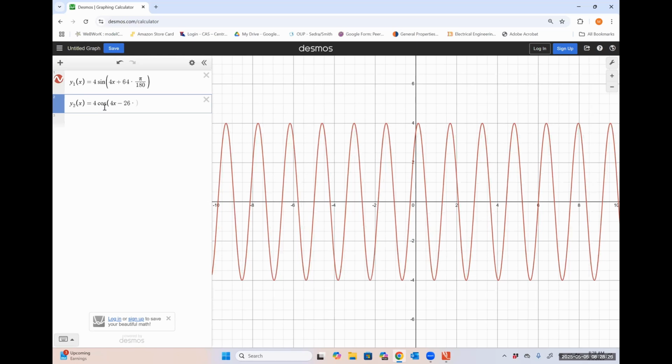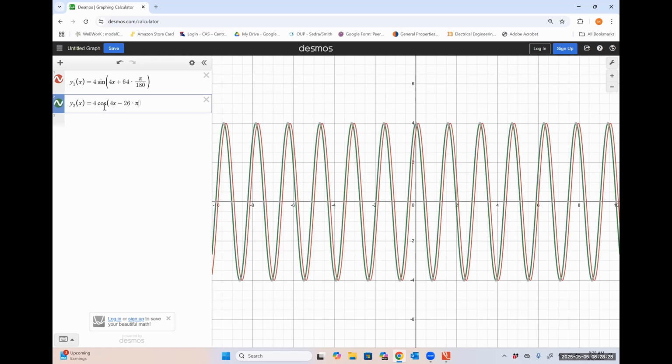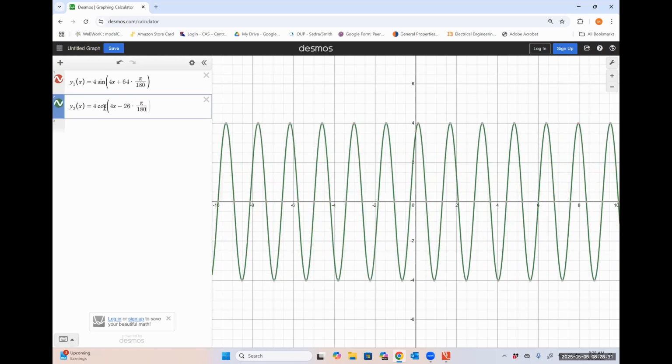Then the cosine version, with negative 26 times pi over 180. The green curve has completely overlapped the red curve, meaning that those two things have to be identical to each other, right? So if we turn this off, our graph just turned red, okay? So converting from sine to cosine is as simple as subtracting 90 degrees from the phase angle, and then going the other way around is just adding 90 degrees. Okay.